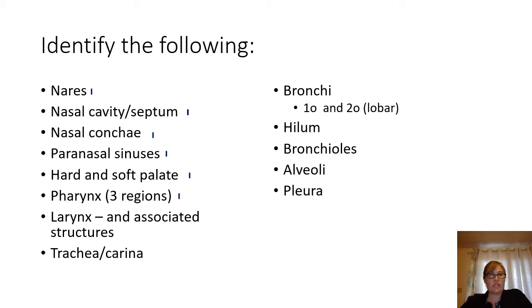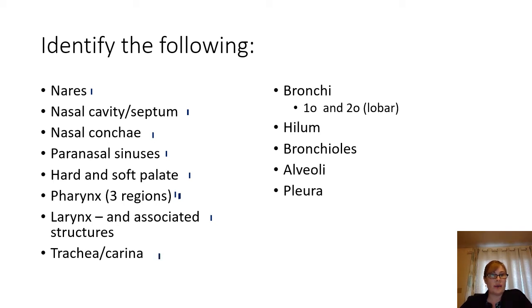The 3 regions of our pharynx, which are oropharynx, laryngopharynx, and nasopharynx. I did not do that in order, but naso is first. The larynx and the associated structures, we're talking about epiglottis, glottis, cricoid, thyroid cartilages, vocal cords, and also for the pharynx, you should definitely know, obviously the tonsils.